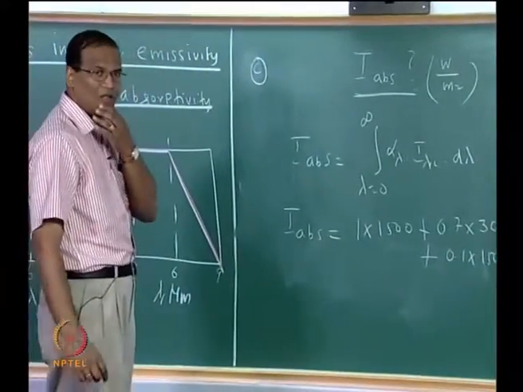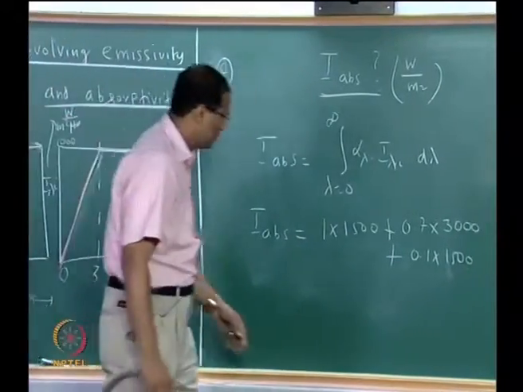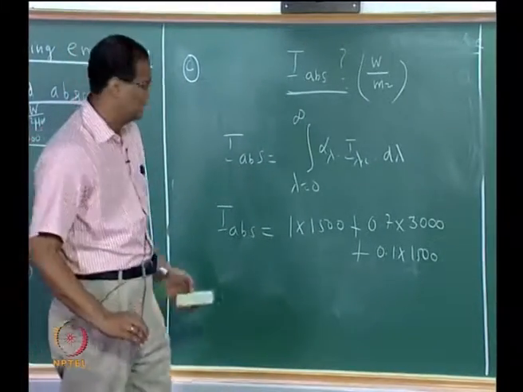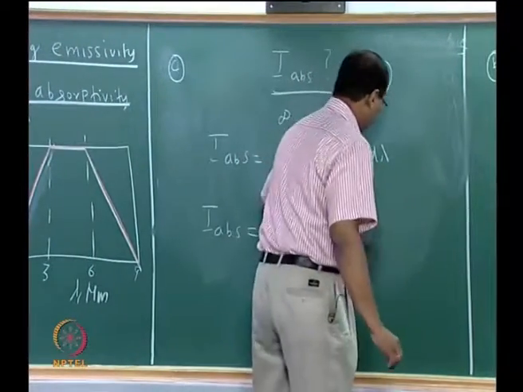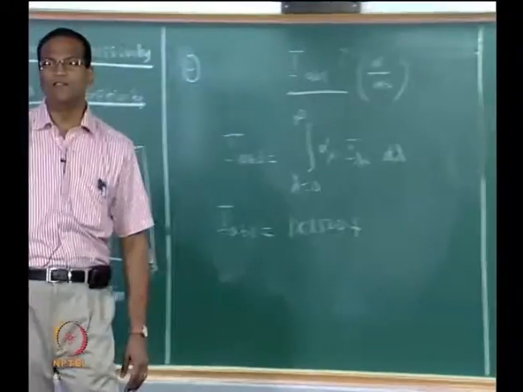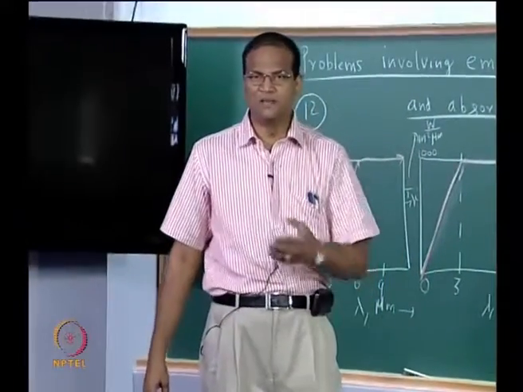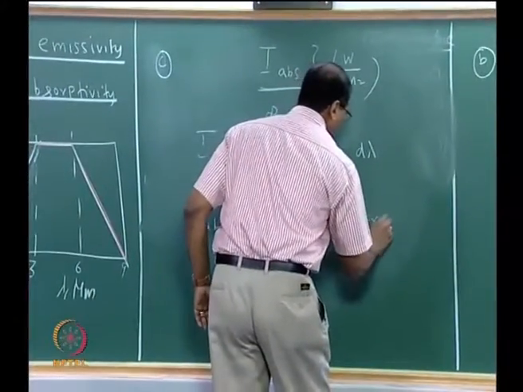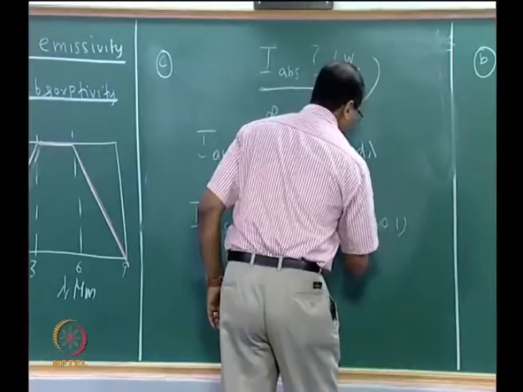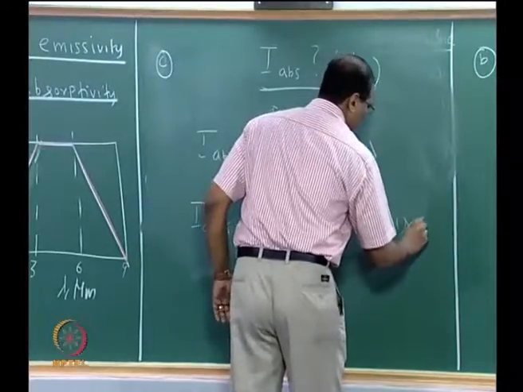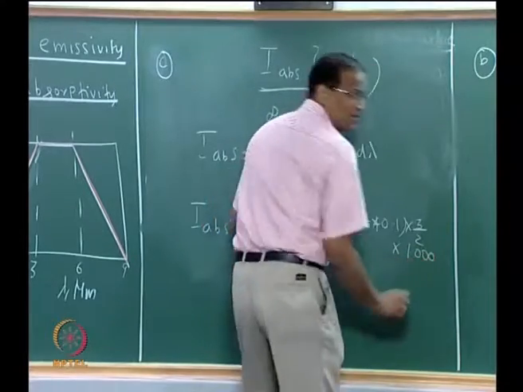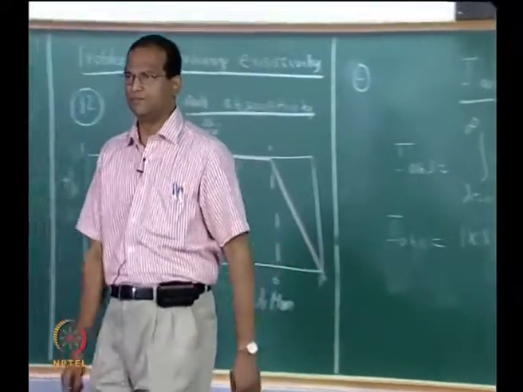Sir, it is varying. Alpha lambda varies. Then you have to do the integration. Okay, 0.7 area of the trapezium, what is it? 0.7 plus 0.1 into 3 by 2, 0.1 into 1000, correct. All of you got this? That is the area of the trapezium.